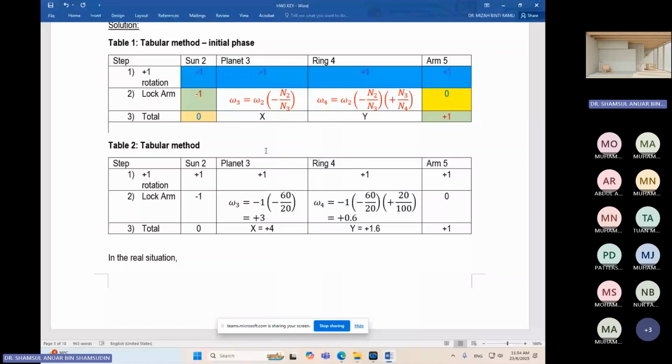So the relationship is a positive one. Positive between 3 and 4, and 2 and 3 is just the 2 radial gears, external gears. So negative, and 2 over. So this one will fall. This is 2. This one cancel. And 2 over.